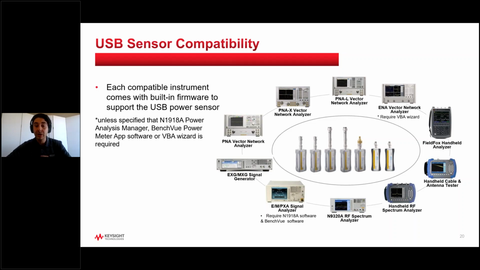So what's particularly incredible is that if you are using power sensors and power meters in your lab to interface or monitor a signal generator, or let's say coupled with a network analyzer to do any type of source power calibration, these sensors can replace both of those items.